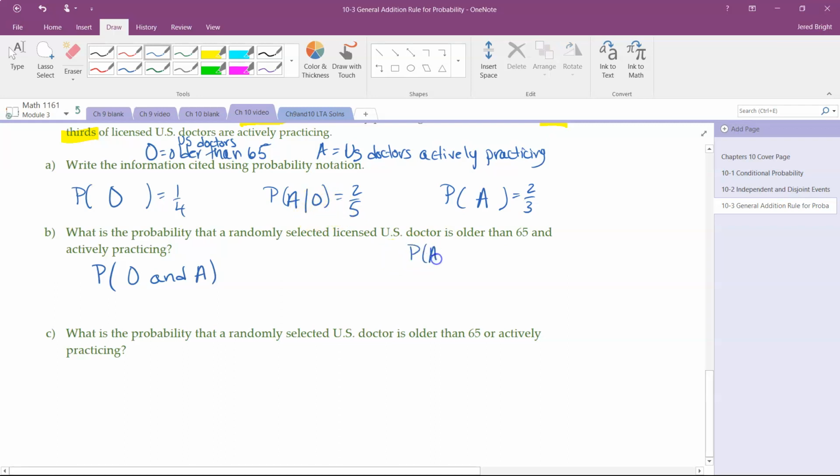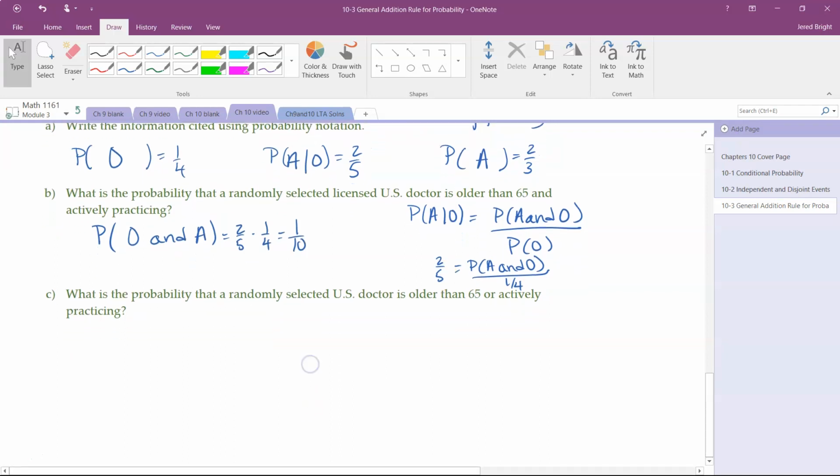P of A given O is equal to P of A and O over P of O. So 2/5 is equal to P of A and O all over 1/4. I can calculate this by multiplying 2/5 times 1/4, which last time I checked is 1/10. That's just cross multiplying, and we move on to part C.